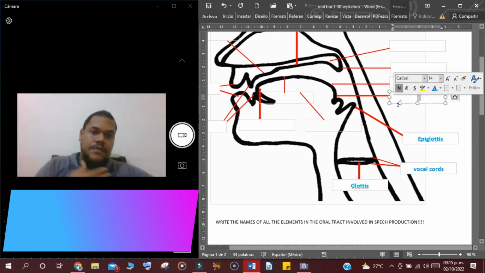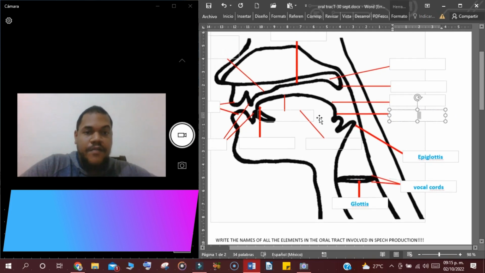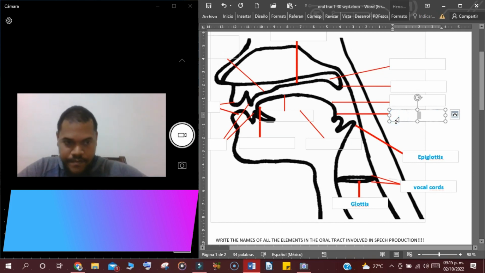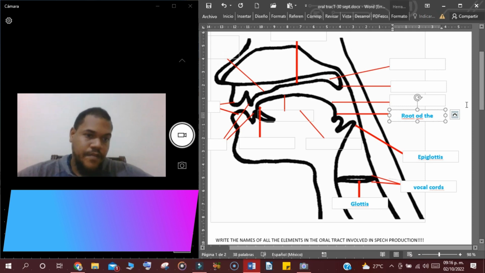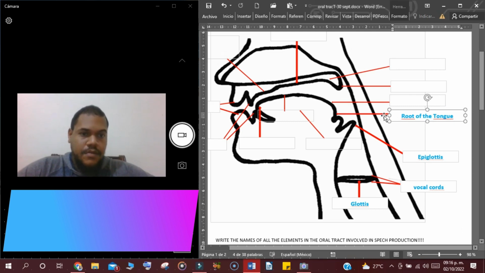Okay, let's continue. Let's move on to the parts of the tongue. So right here, we have the root of the tongue. Root of the tongue.